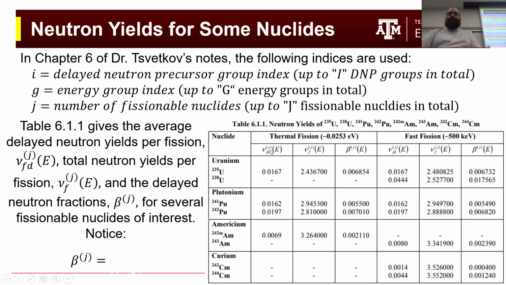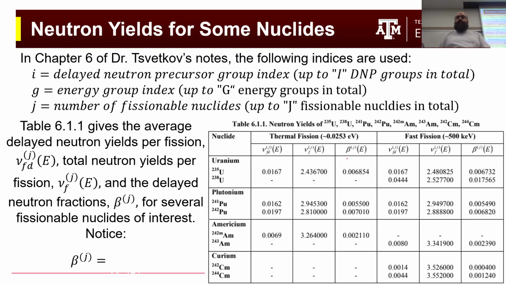So that little j is just an index that reminds us that in a reactor, you might have uranium and plutonium and americium all in your reactor. They are going to have slightly different numbers of neutrons per fission and slightly different delayed neutron fractions. And so that j is just a way that we can keep track of multiple different fissionable nuclides.